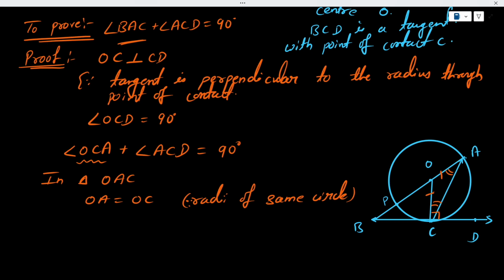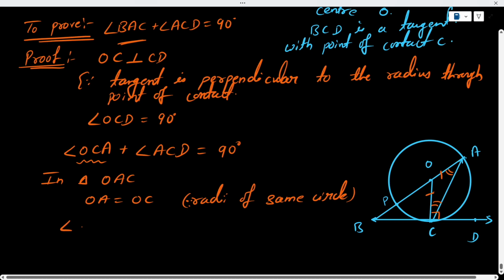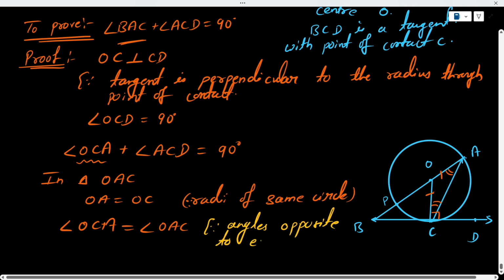Since, okay, so the therefore symbol must be there. So you can write down here angle OCA is equals to angle OAC. What is the reason here? You will write down here isosceles triangle, because angles opposite to equal sides are equal. While doing practice, make sure you're writing all the steps so that you don't lose marks.